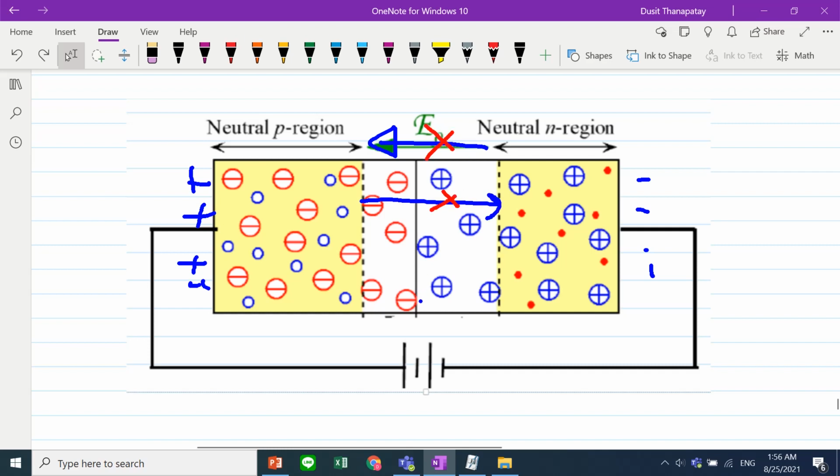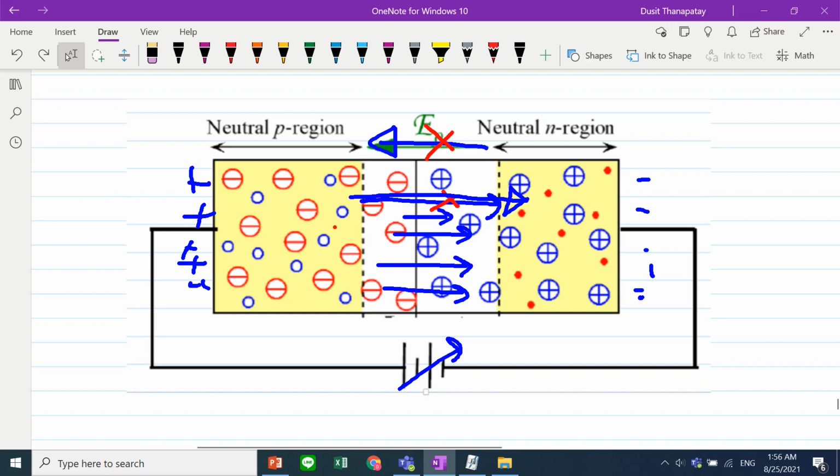And if I increase the voltage more, that means the electric field in this direction becomes stronger, and then the resultant electric field is in this direction.